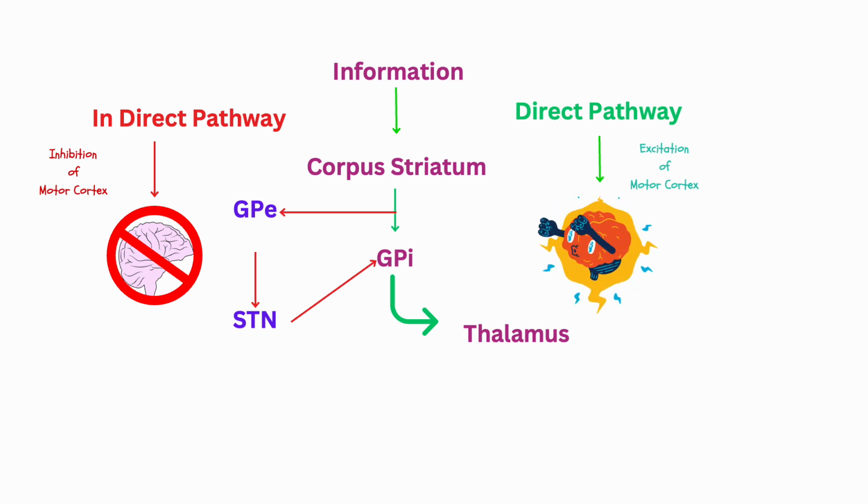To remember which pathway produces which effect, just recall indirect inhibits the motor cortex. So, the "in" of indirect and the "in" of inhibition. Now, to better understand how they function, let us dive into both of these pathways step by step.